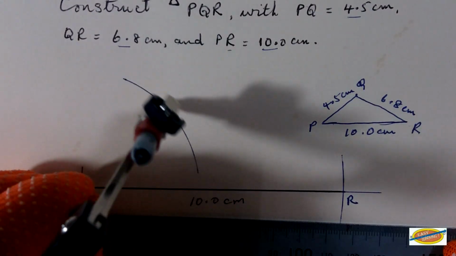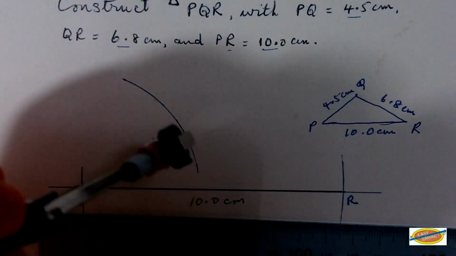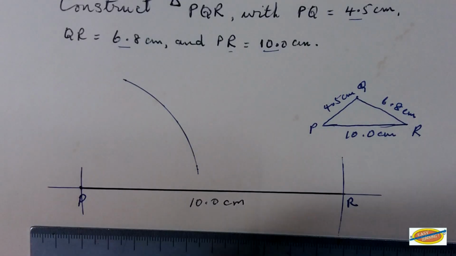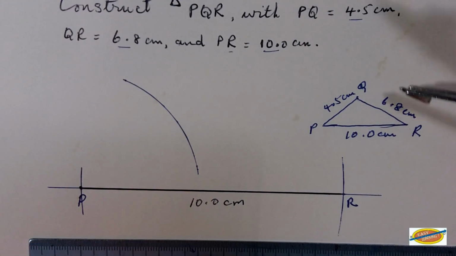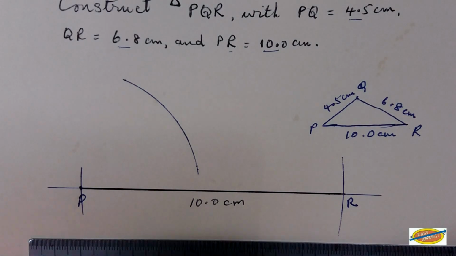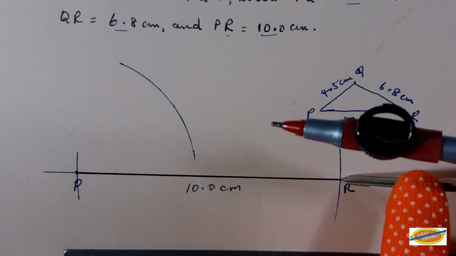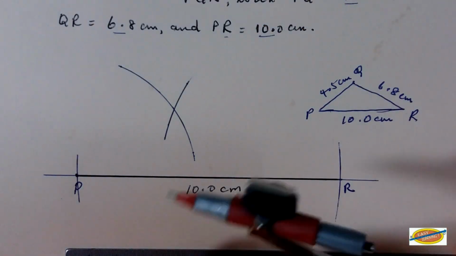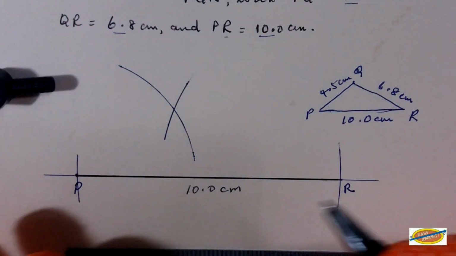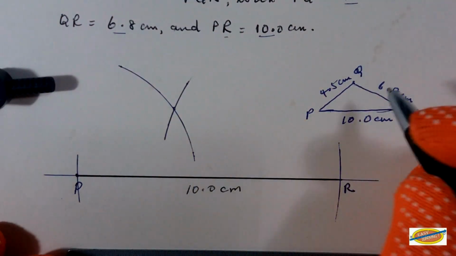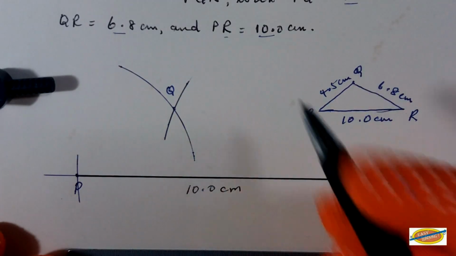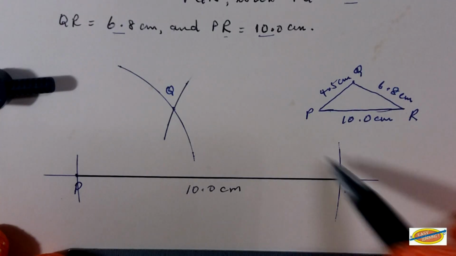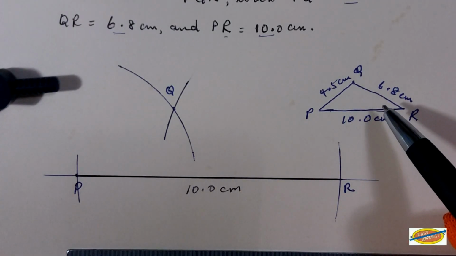We can arc like that. Anywhere on this arc to P is 4.5. Next I need 6.8. Come from over this end here, make an arc like that, where these two intersect here is Q. It's a unique point. From P to Q is 4.5 centimeters, and from R to Q is 6.8 centimeters.